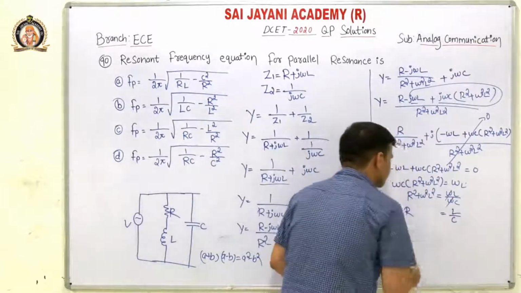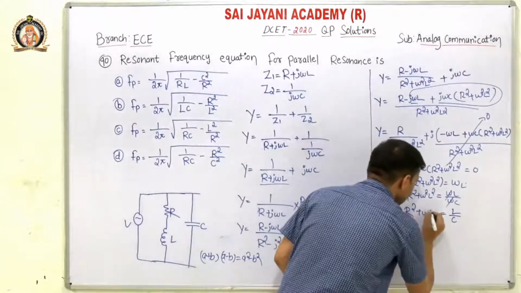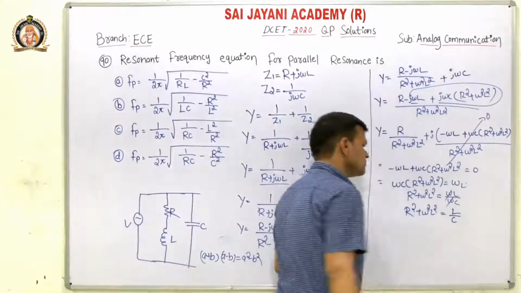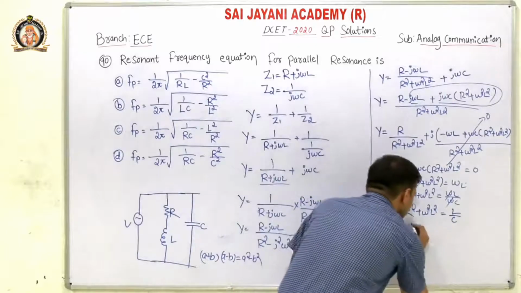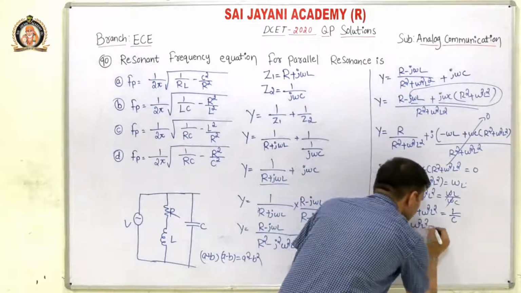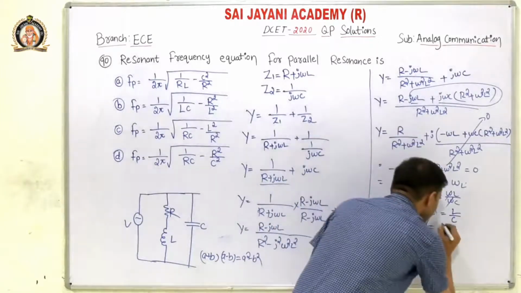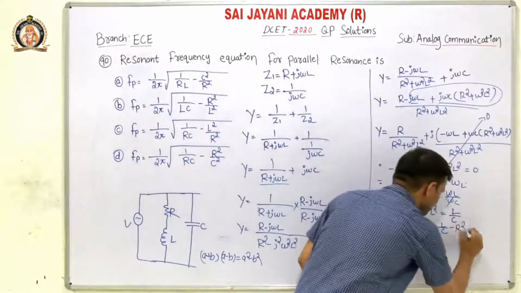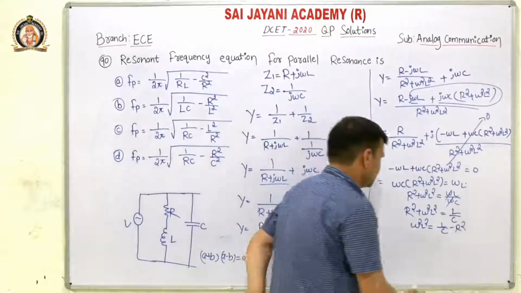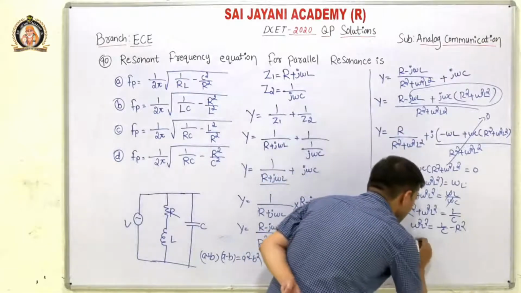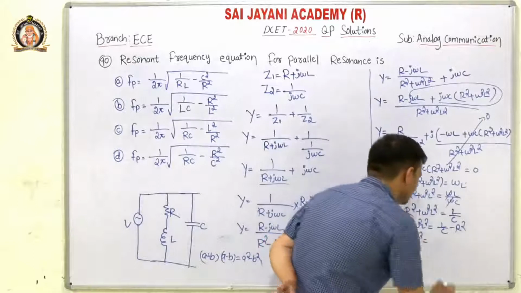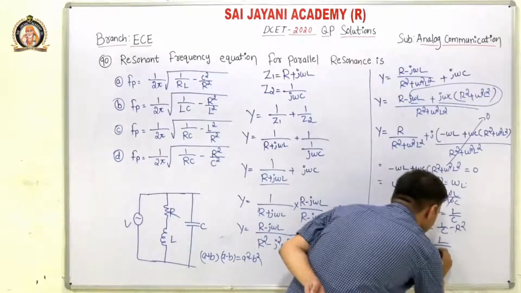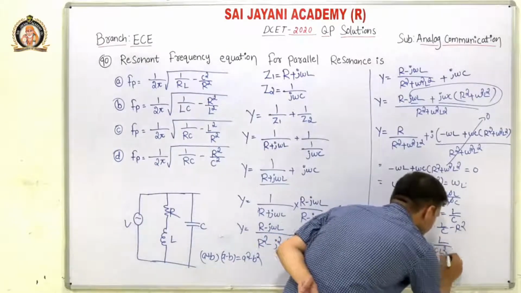Here in the LHS we have R square plus omega square into L square, then omega square into L square is equal to L by C minus R square. Okay, then omega square is equal to (L by C minus R square) divided by L square.